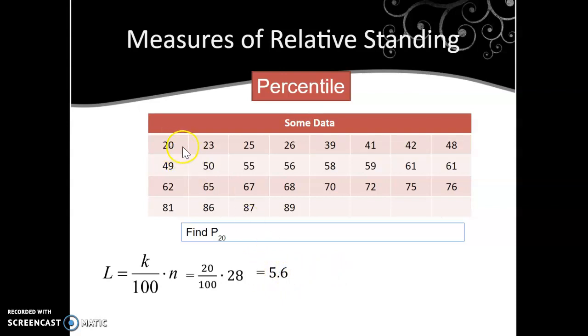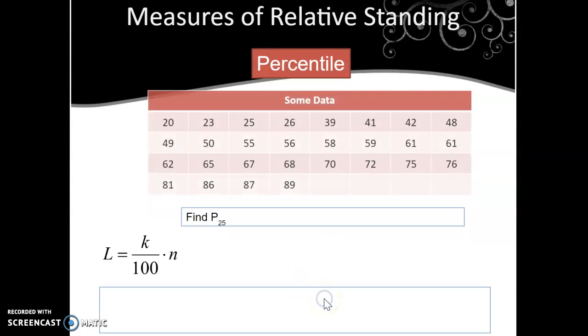So we would count 1, 2, 3, 4, 5. Now we don't have a 5.6 spot, so we go to the next one beyond that. So this would be 41. Oh, we already knew that. In the last example, the 20th percentile was 41. So this finds us the location, 1, 2, 3, 4, 5, and we go one beyond that.